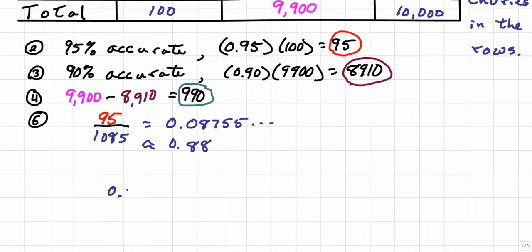So we take the 0.088 and multiply that by 100, and that's going to give me 8.8%. And that is going to be the answer for the problem.